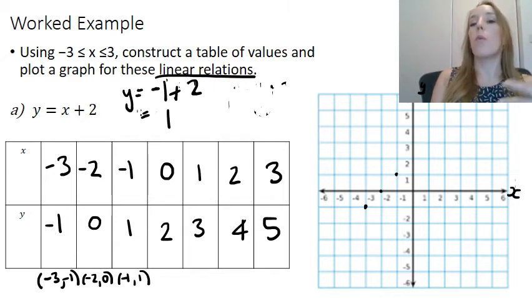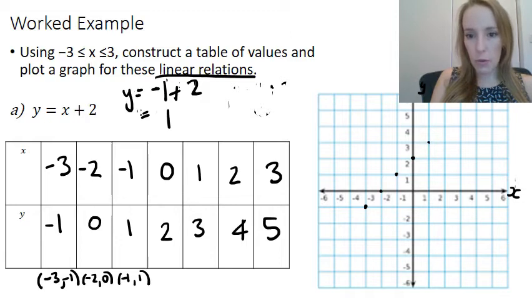So we know this must be our y-intercept because x is equal to 0, y is equal to 2, so our y-intercept there will be 2. Our next one, x is 1 and y is 3. X is 2 and y is 4. And x is 3 and y is 5. So we'll go like that.